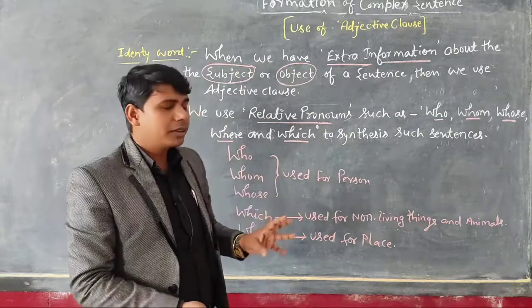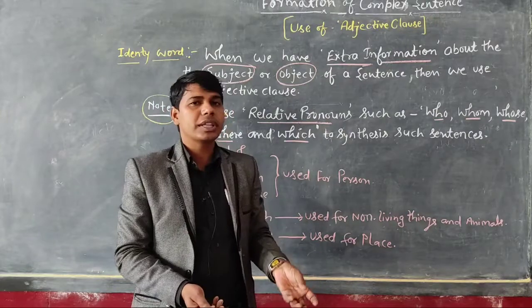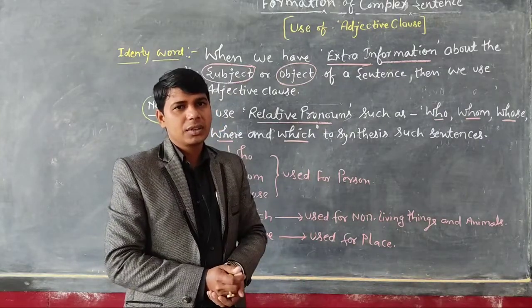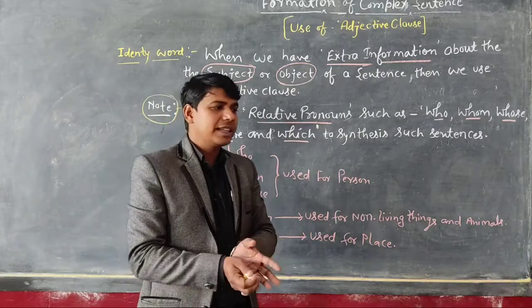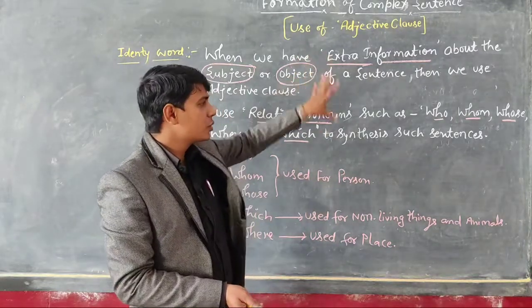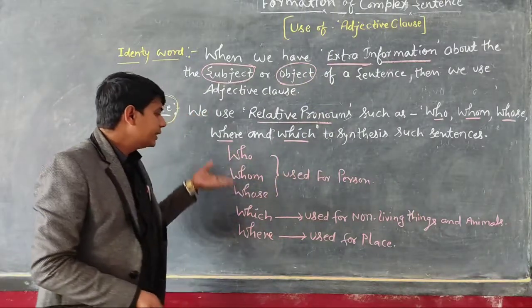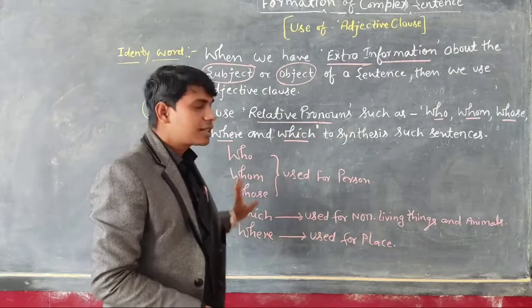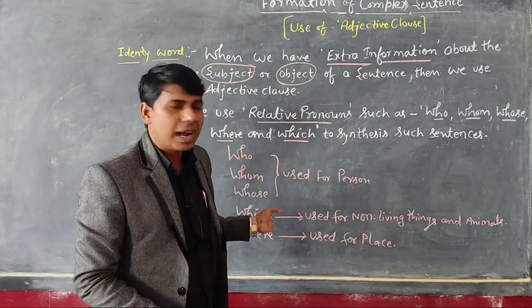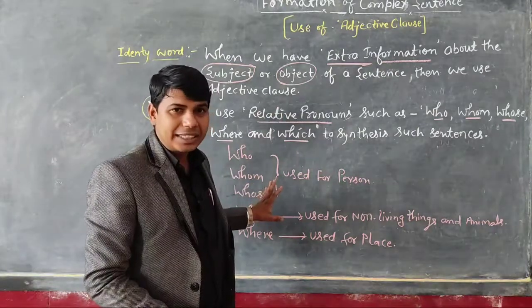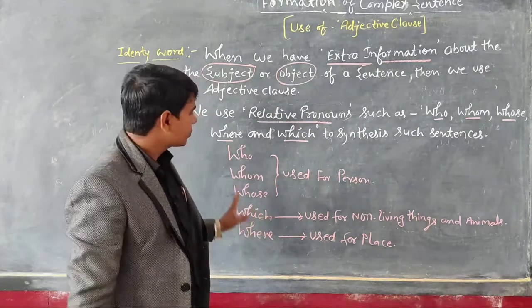Whenever you join two or more simple sentences into a complex sentence, and the sentences follow the concept of adjective clause, you will use these conjunctions. These conjunctions are called subordinating conjunctions, and they are also known as relative pronouns. Is that clear?